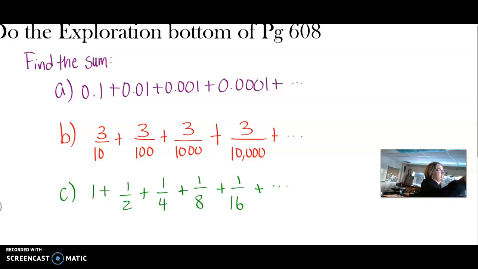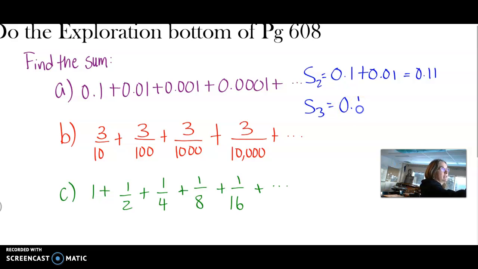If you think about this, if I add these up, I have 0.1 plus 0.01, so s sub 2 is equal to 0.11. S sub 3 is the sum of the first three terms. We already have the first two terms added together, so I can just tack on the third term.